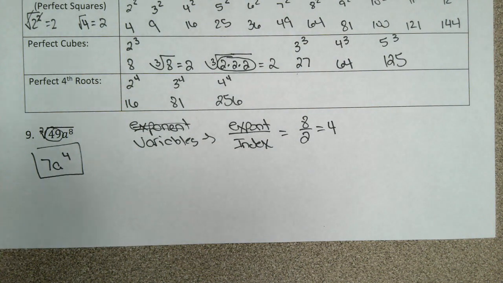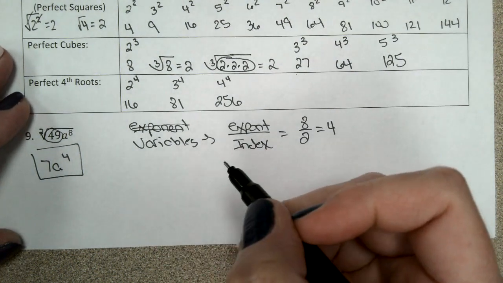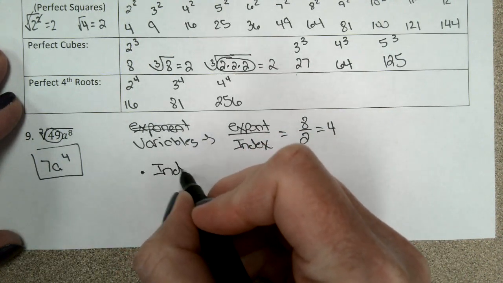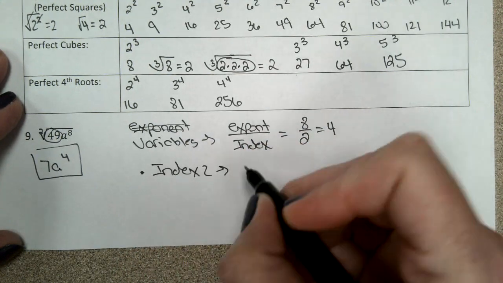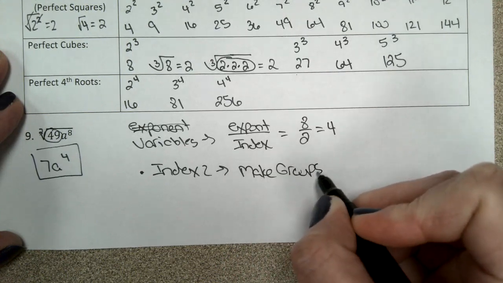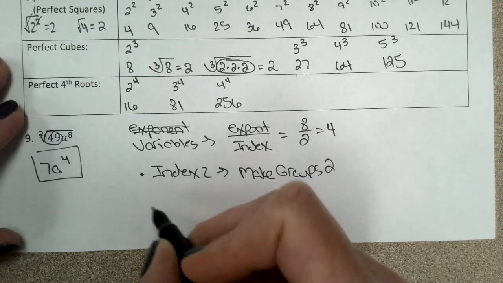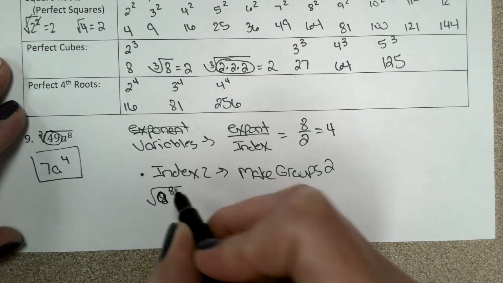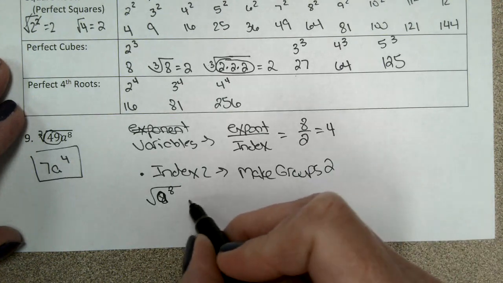What's another way that we can do it? Since your index is 2, you could make groups of 2. So I have the square root of a to the 8th power.